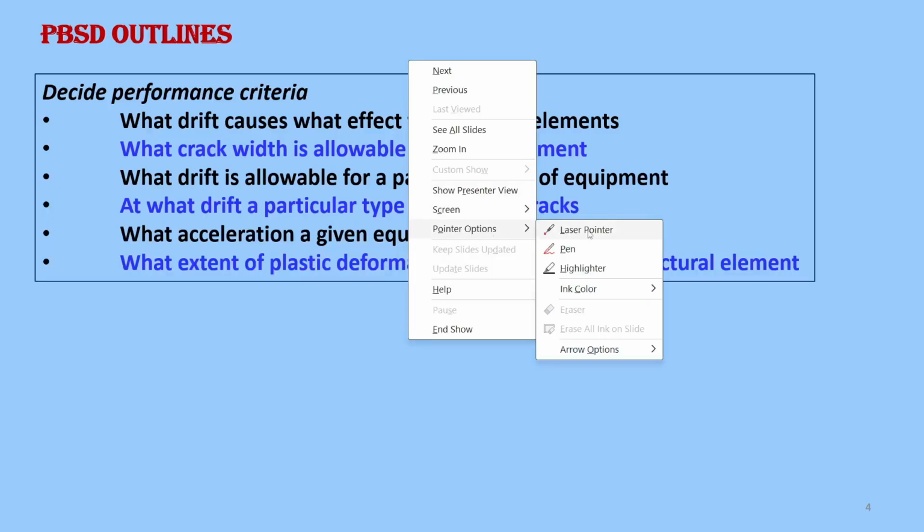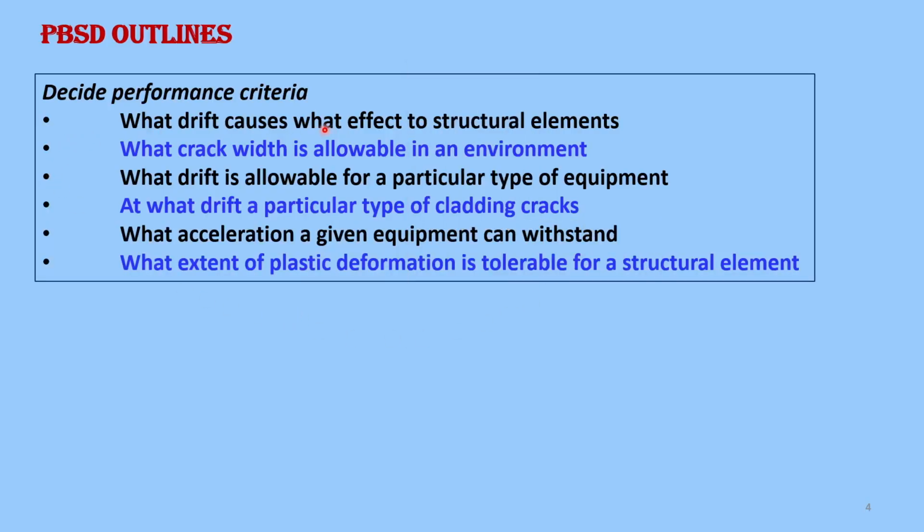So these performance criteria are the different motifs of the structures which we want to satisfy to fulfill the need of the structure. For example, what is the drift? What drift causes what effect to structural elements? So if we take say 3% drift, then what is the consequence over the elements?